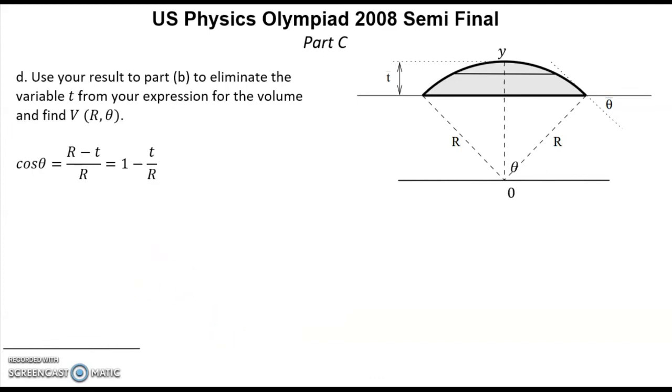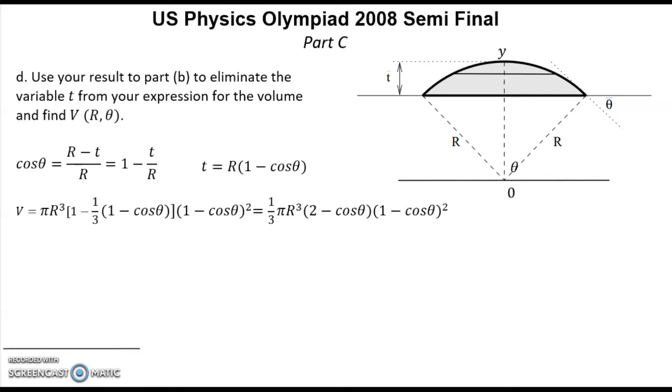From this formula, we can find that t could be expressed through radius and theta this way. Thickness t equals r multiplied by 1 minus cosine theta. And now we can substitute this t into the formula for volume through radius and t. That will be this expression.